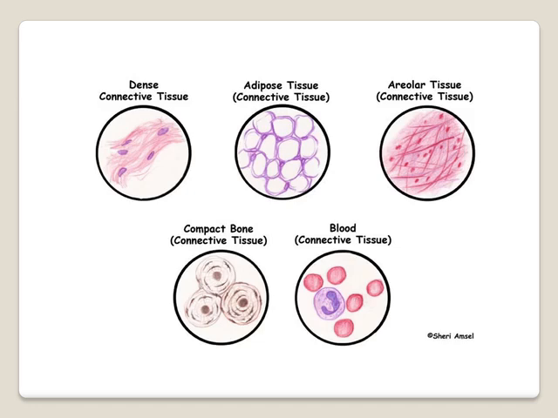The variation in the composition of that matrix is what gives the tissue its characteristics. For example, the matrix of blood is liquid, whereas cartilage is firm, like firm rubber, and then bone is hard and rigid. Tendons and ligaments have a matrix that is strong and flexible. And again, here we go with subtypes and subtypes.